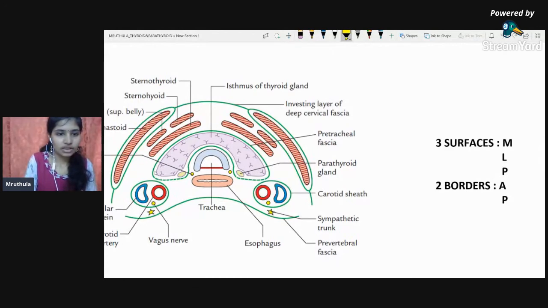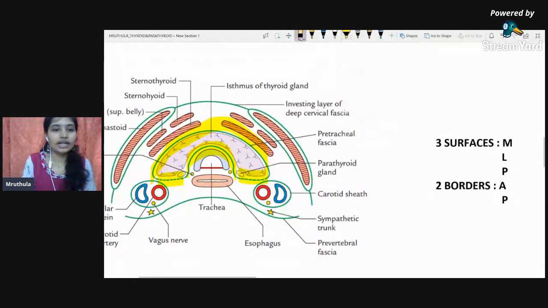First, this is the medial surface. Then this is the lateral surface. And the surface left out is the one in the posterior aspect, which we call the posterolateral surface. So these are the three surfaces of the thyroid gland.